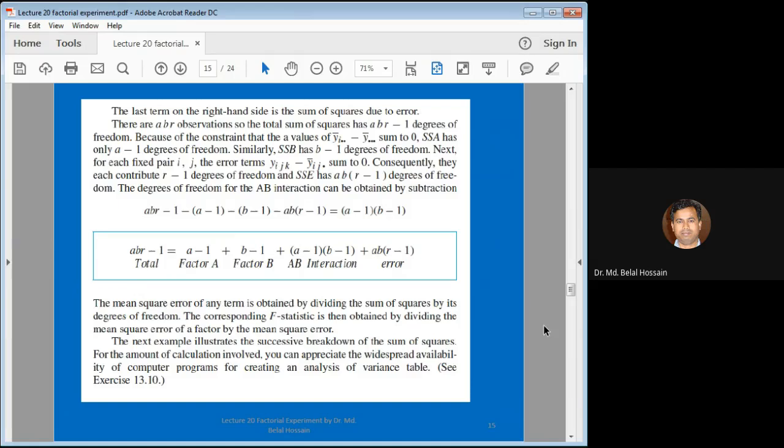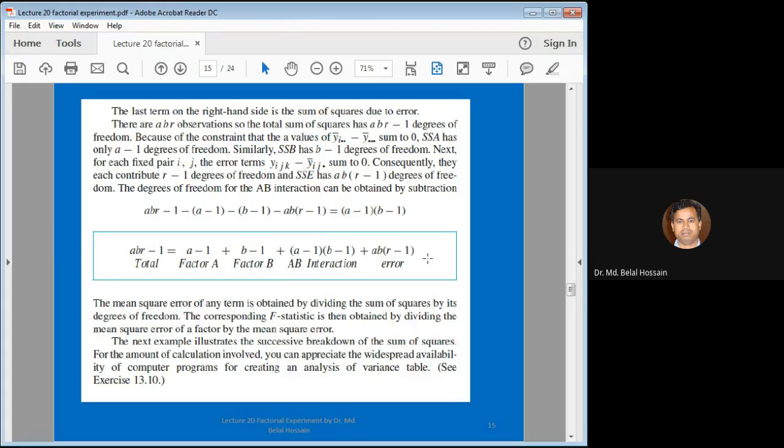Okay, total degrees of freedom is ab r minus 1, which is the total sum of squares degrees of freedom. For factor A, a minus 1; for factor B, b minus 1; for interaction, a minus 1 times b minus 1; and for the error term, ab times r minus 1.